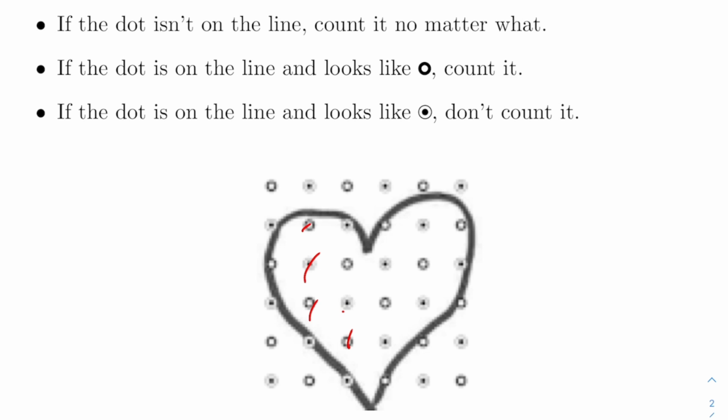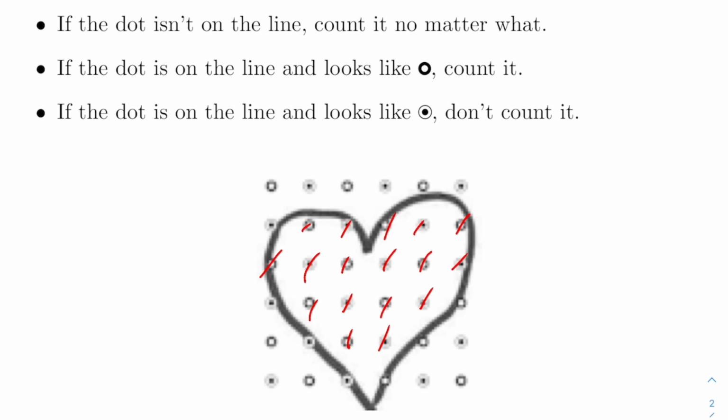All right, so in this way, if I'm counting here, I would count all the ones that are on the inside first. Now this has a slightly different positioning of the dots than before. Those are all the ones that are inside. I guess that one looks like it's inside also. But then when it comes to the ones on the line, you only count the ones that look like this, and if this one is on the line, you don't count it. The whole point of this is so that I'm only counting about half of the ones on the line.